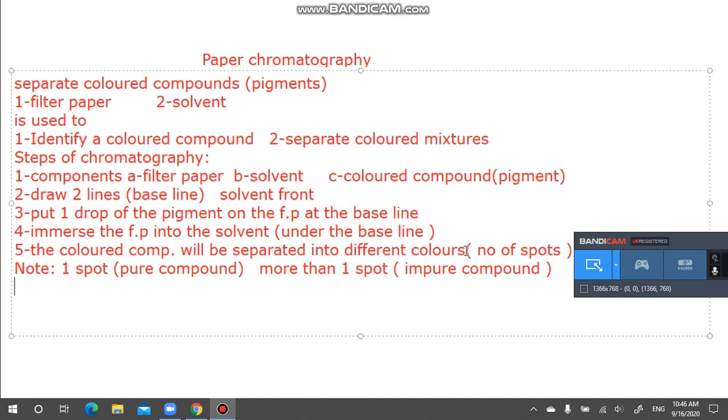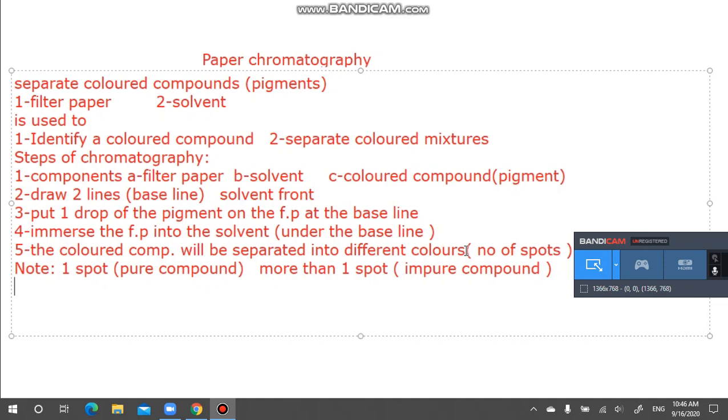Right. We have an example here. We can put a drop of milk onto the filter paper by making chromatography. We know that milk consists of two components, water and fats.